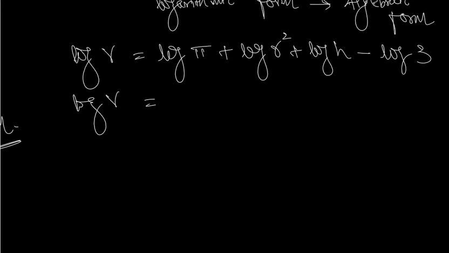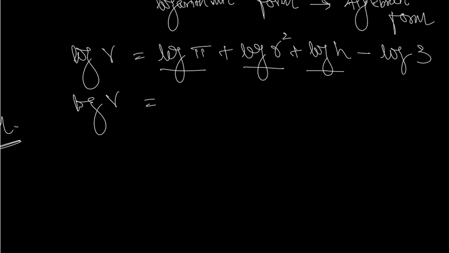Okay, so log pi plus log r square plus log h. Is it in the form of log of m plus log of n plus log of p, from your product law? So how to apply the product law in the reverse manner?